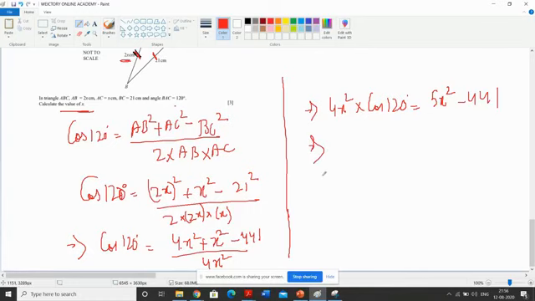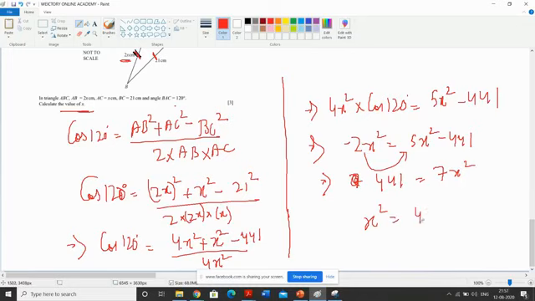So you can simplify this: 4 into cos 120, cos 120 multiply 4, you will get minus 2. So this is minus 2x square is equal to 5x square minus 441. If you manipulate a little, this will go that side, it becomes plus 2x square, so you'll get 441 equals 7x square, and x square is equal to 441 divided by 7, and x is equal to square root of 441 divided by 7.